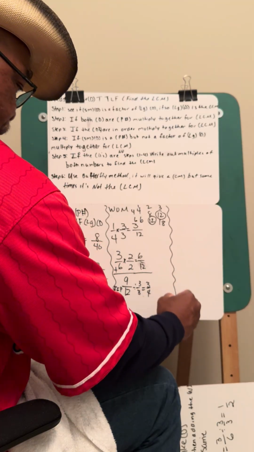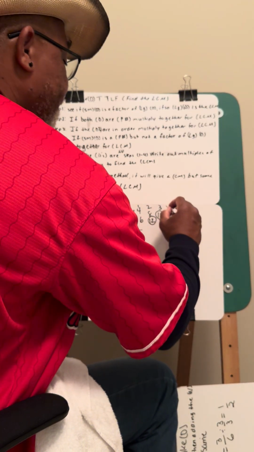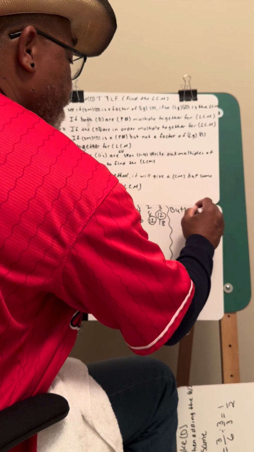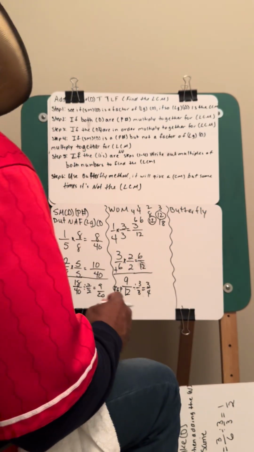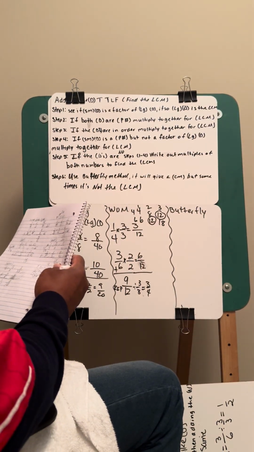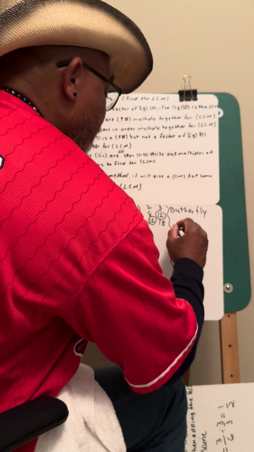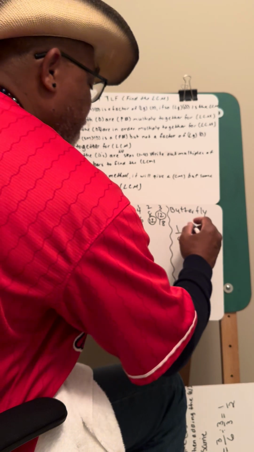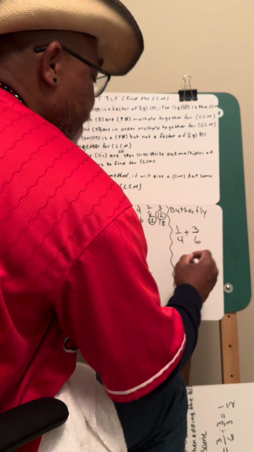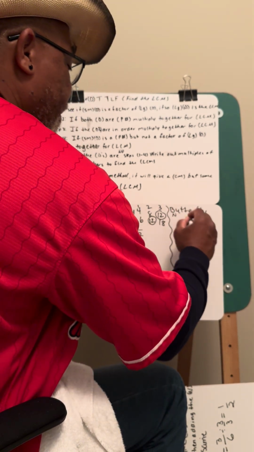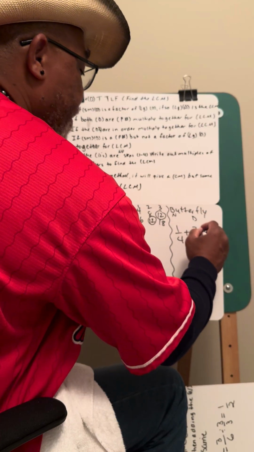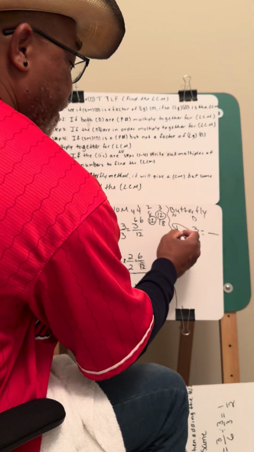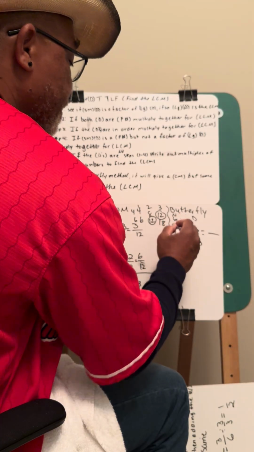And the last one is butterfly. And butterfly simply means 1/4 plus 3/6. This side is my numerator, this side is my denominator. So that simply means I make a wing this way, which is 6.